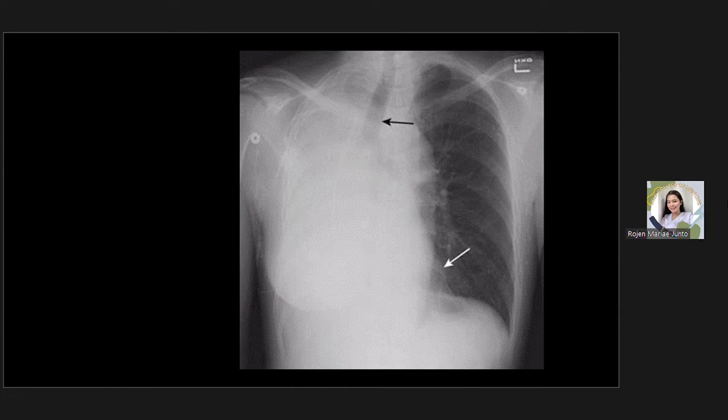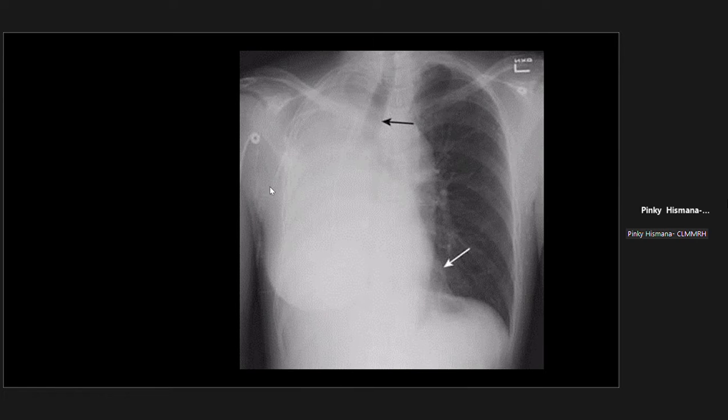The trachea, Doc, is deviated, I think. Okay, the trachea is deviated to the right. The hilum, both hila, can you still identify them? I mean the right and the left main bronchus.